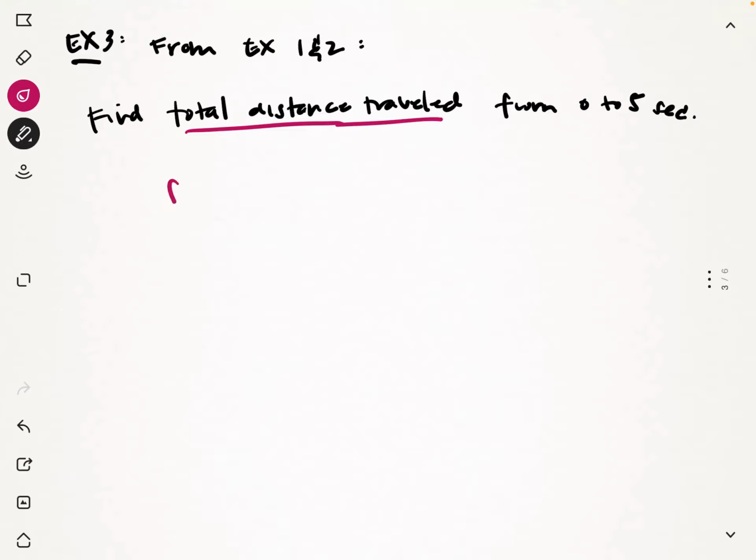So we're going to do the integral from 0 to 5 of the absolute value of t squared minus 8 over t plus 1 squared dt.